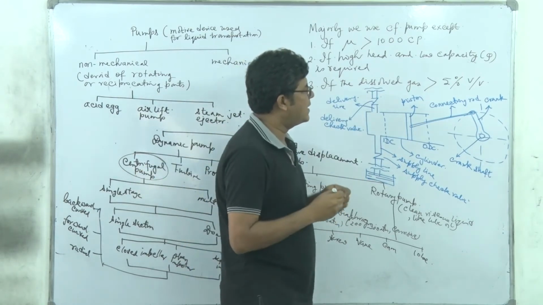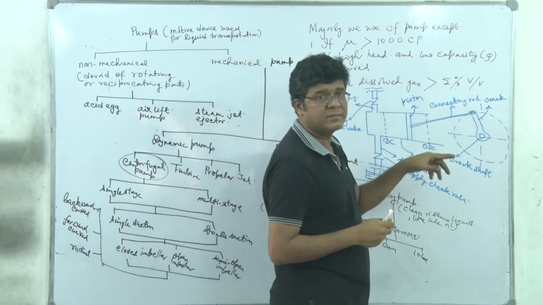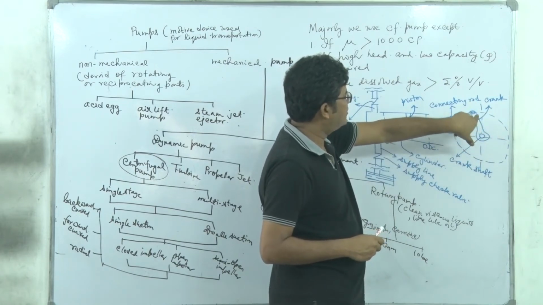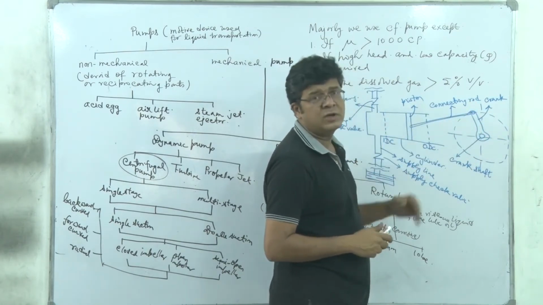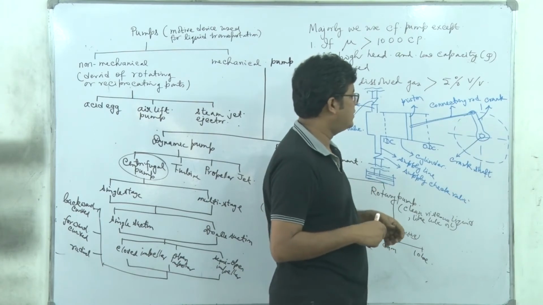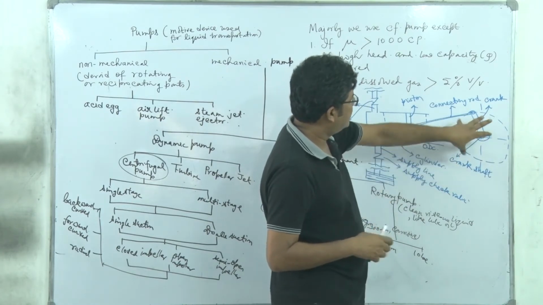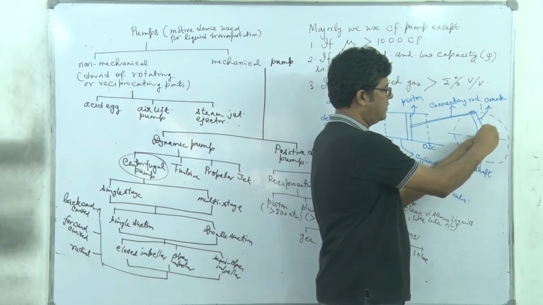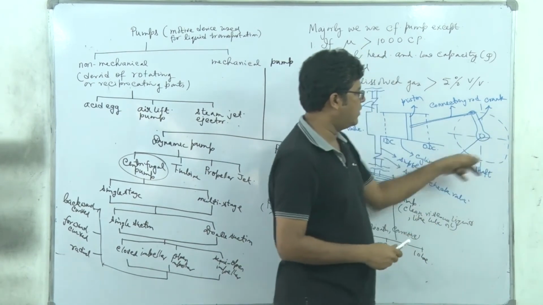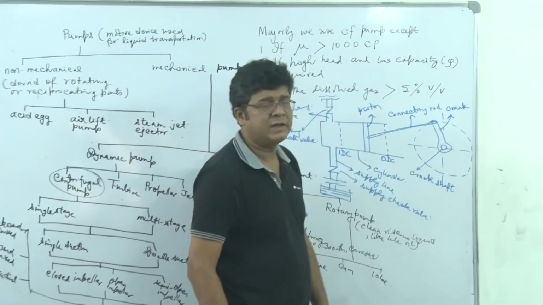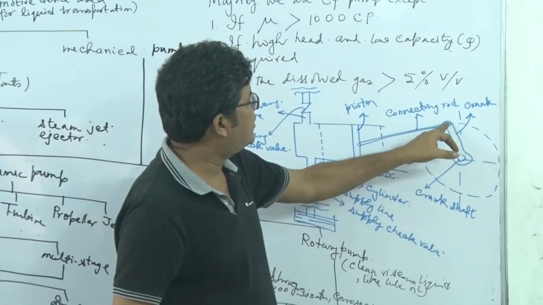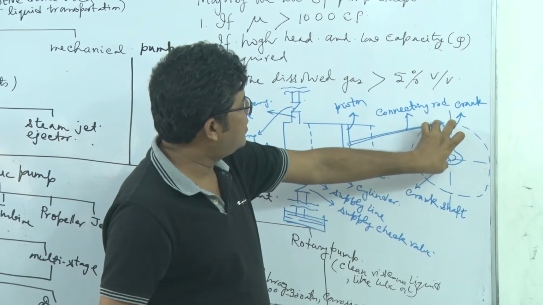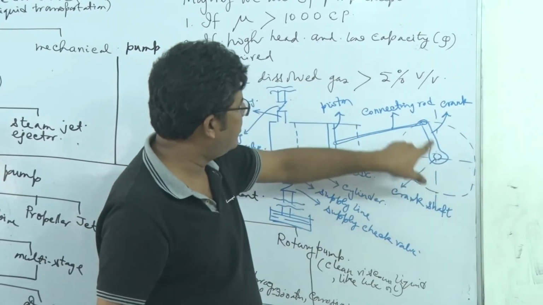See, this crank and crankshaft mechanism actually transforms rotational motion into periodic motion and vice versa, right? So the crankshaft is just like this. Now see, if it rotates clockwise or anti-clockwise, whatever the direction, this crank will move like a radial arm.